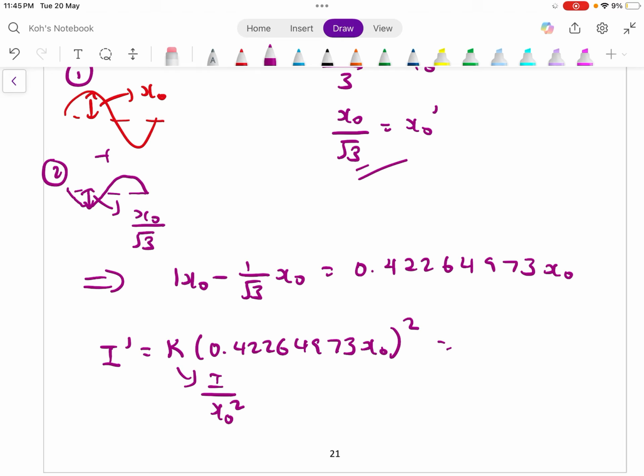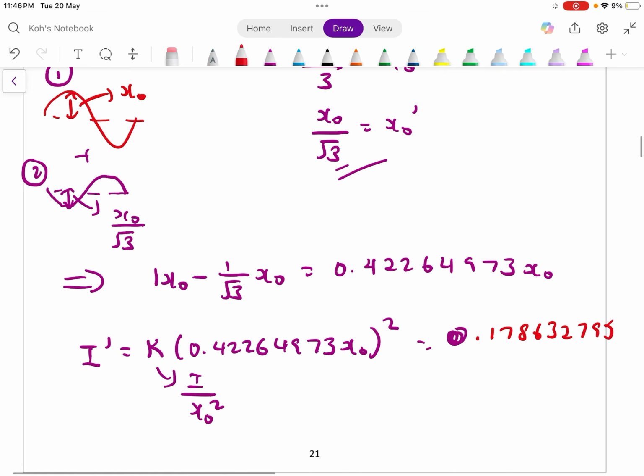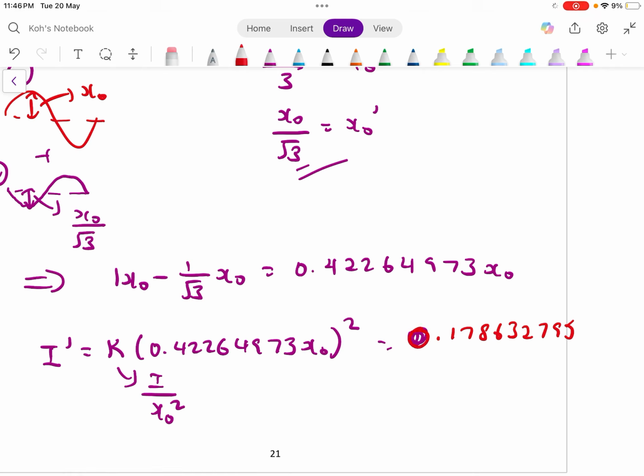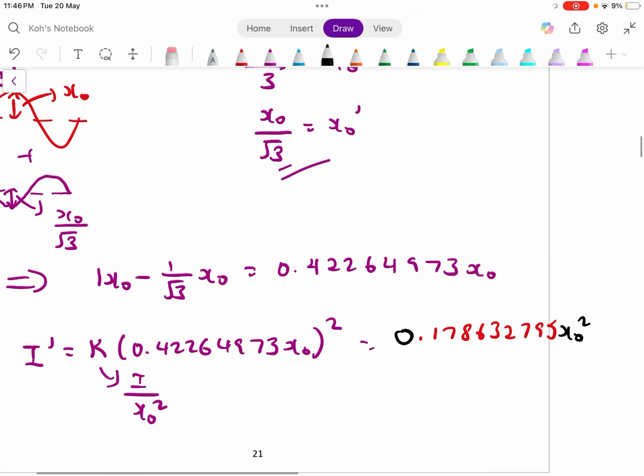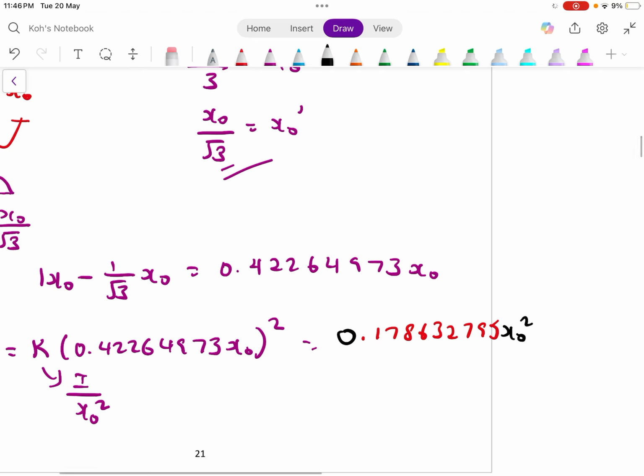So our final intensity will be something like 0.1786329795 x0 squared, of course not to forget times k, which is I over x0 squared.